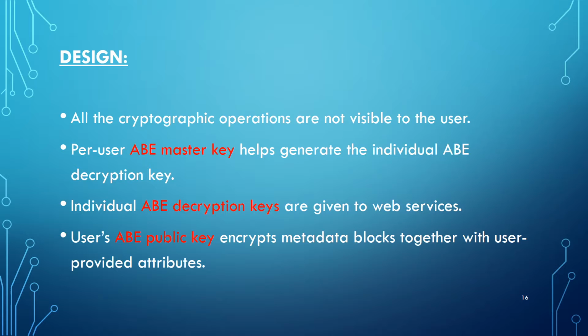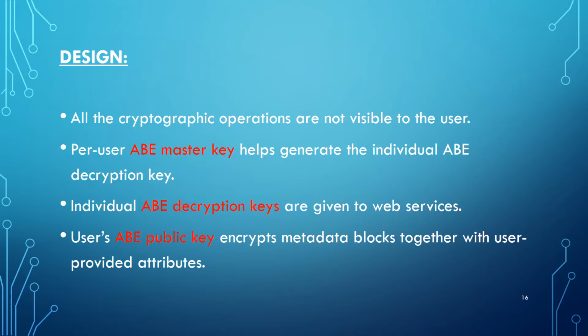The next one, the individual ABE decryption keys, are given to the web service, because you need to talk to the web service. Of course, you have to deal with the decryption keys for both. The user's ABE public key is used to encrypt metadata blocks together with user-provided attributes. Because remember, on the Civ platform you're talking about attributes.